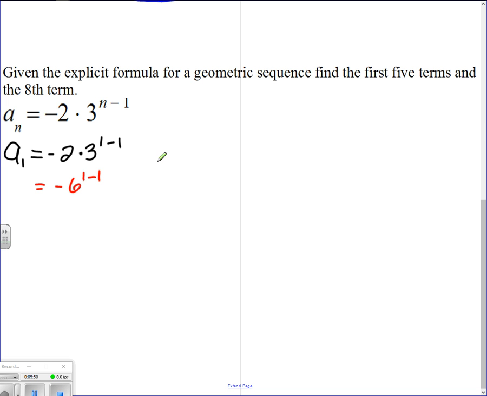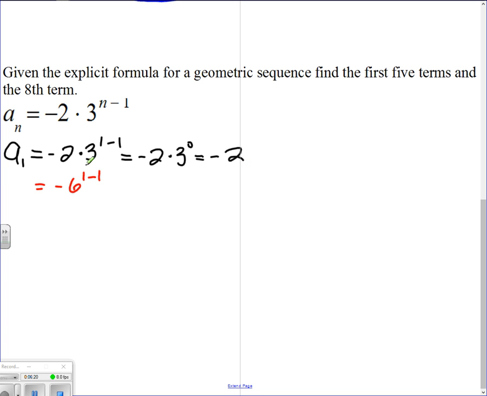So this problem will be negative 2 times 3, and 1 minus 1 will give you 0. And the answer for that is negative 2. The way to think about it is this way. The 3 should be written 0 times. So write this number 0 times. That means you're not going to write it. So the answer will be negative 2.